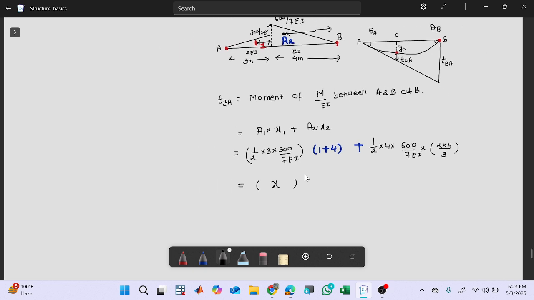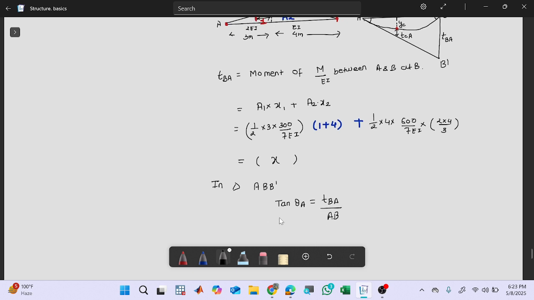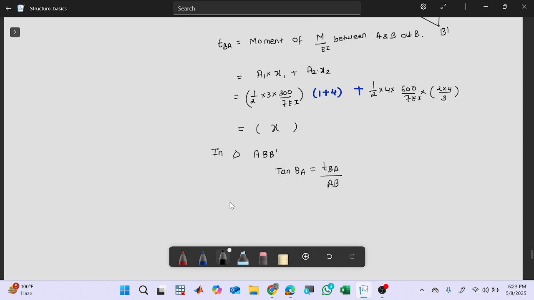Now, what will be the next step? The next step will be in the triangle. Let's say this is B dash. In triangle A, B, B dash, tan theta A is equal to TBA by AB. And we know theta A is a very small quantity.